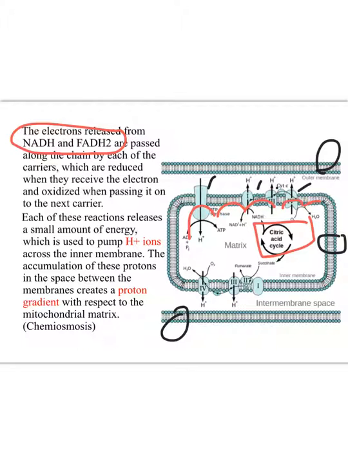And it's going to end up with an accumulation in that space where you've got a gradient of protons. Remember, a gradient being defined as a high concentration on one side and a low concentration on the other, and setting up this concentration gradient that's going to result in something known as chemiosmosis, which I'll define on the next slide.